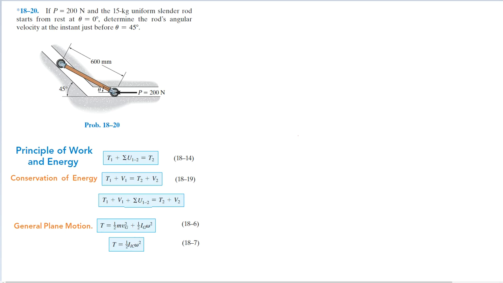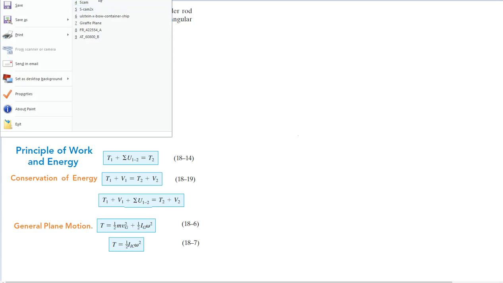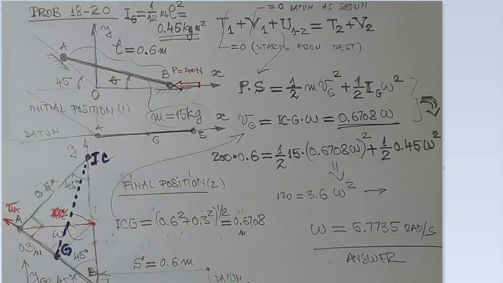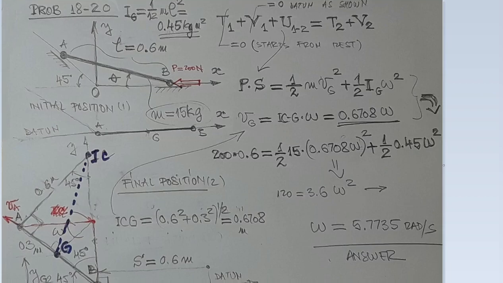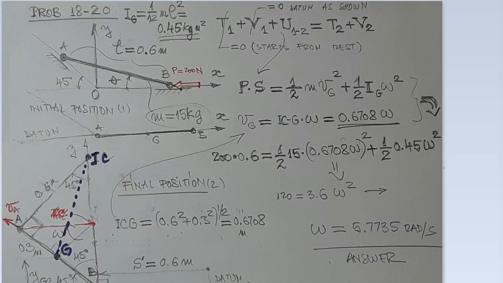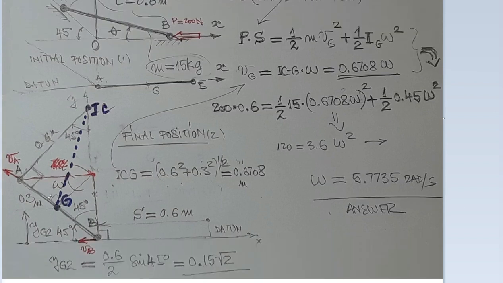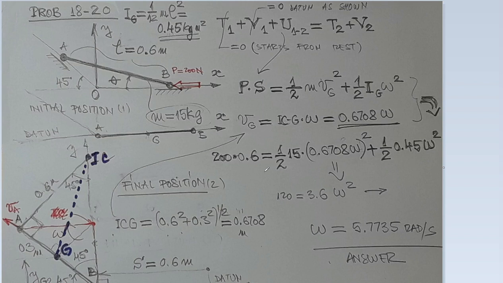Let me bring up the problem the way I solved it. Okay, so I have the drawing the way it's shown in the book, with an angle theta other than 45 and other than 0. But again, the rod is originally horizontal, and at the end it will be in line with the incline.